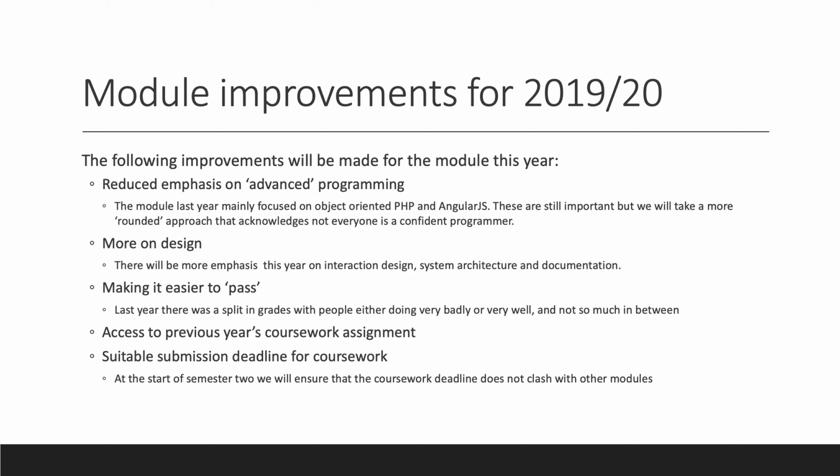And by that, I don't mean that people that are really good and confident with object-oriented programming won't be able to really fly with that on the module. But the mark scheme in the coursework will not place such a great emphasis on being able to use object-oriented patterns. We will focus a bit more on design, documentation and things like that, so we can raise that bottom line in the module without hurting the top line, without discouraging people from doing really well.